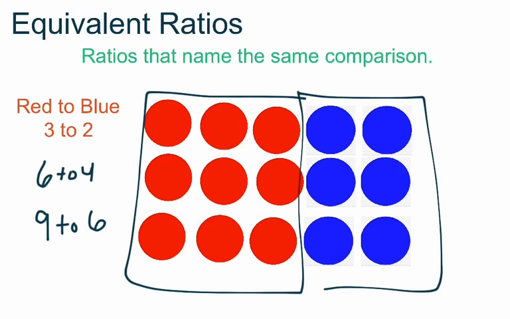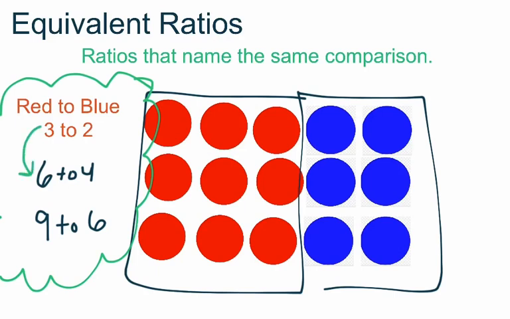The next thing I want to talk about is, what if you didn't use addition and subtraction? What if you wanted to think about this as multiplication or division? So if we look over here at the ratios that we've written down instead of at our visual, you actually can look at this and go, hey, didn't we just do times 2 to go from 3 to 6?